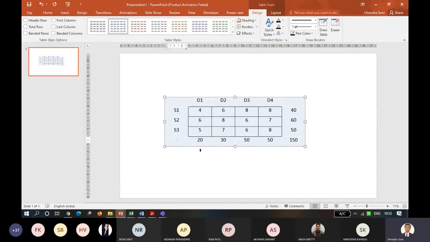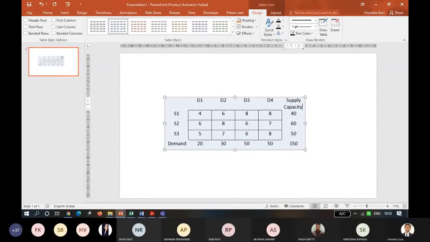Here on this side, it is indicated as demand, and this one is your supply capacity. Okay, you have got supplier 1, supplier 2, supplier 3, and so on. Okay, so you have got 3 suppliers in this particular example.